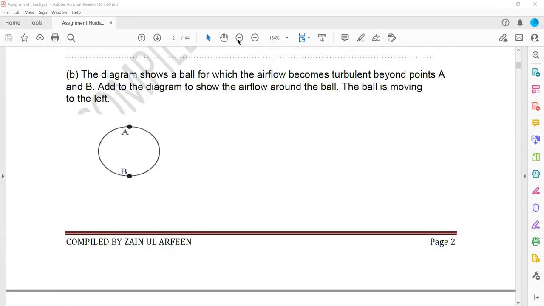The diagram shows a ball from which the airflow becomes turbulent beyond points A and B. Add to the diagram to show airflow around the ball. The ball is moving towards the left.